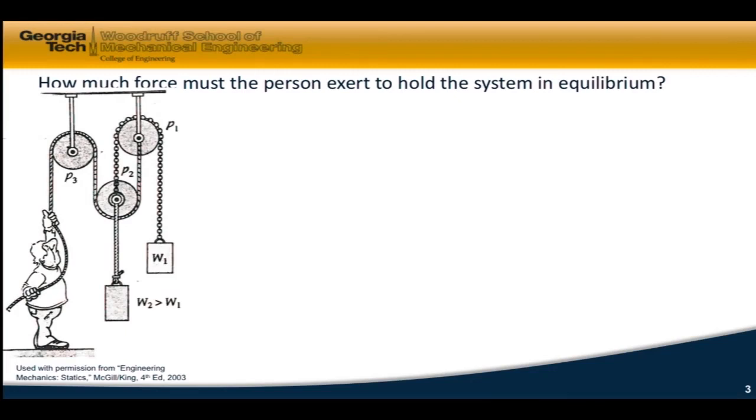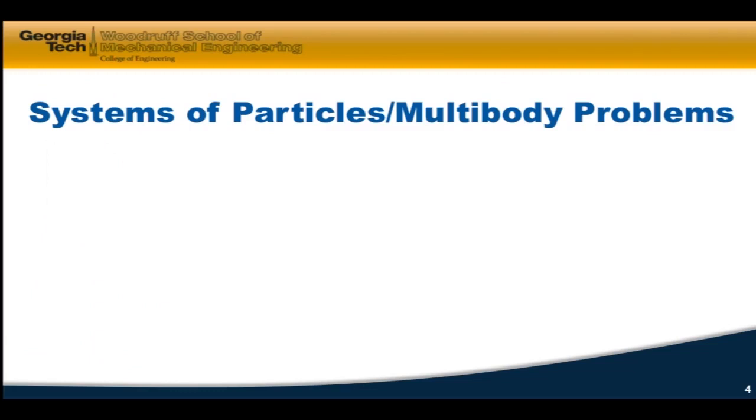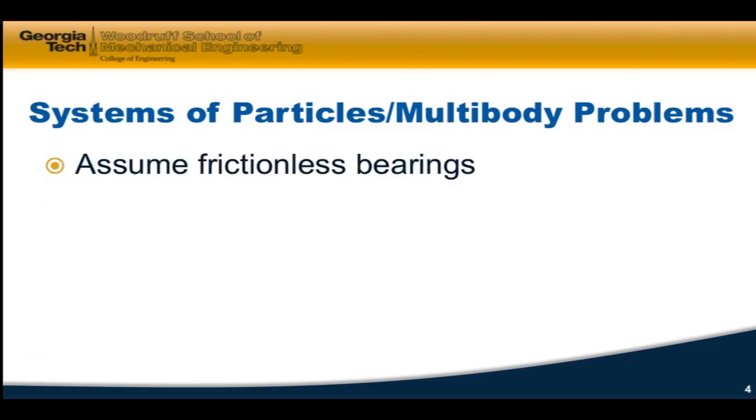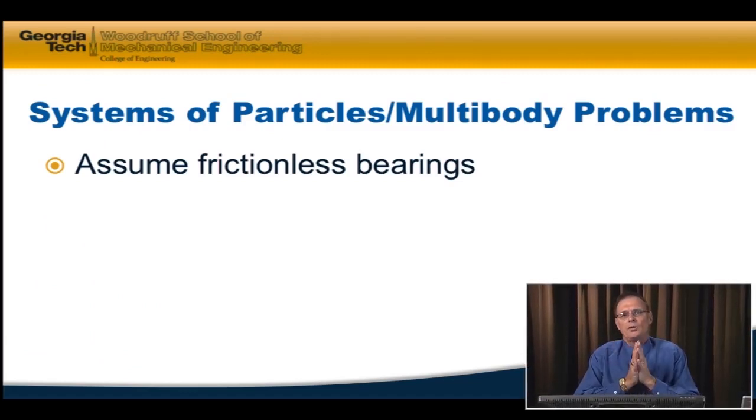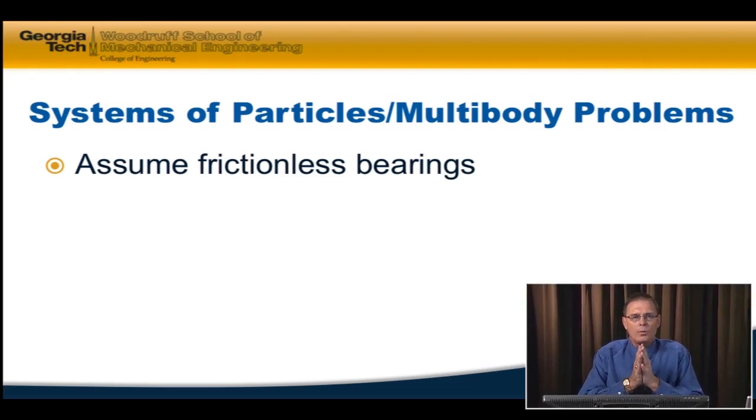So let's go back over here and look at the assumptions that we would make in solving this problem. Typically for these pulley problems, we make several simplifying assumptions to help us get a simple but fairly accurate solution.